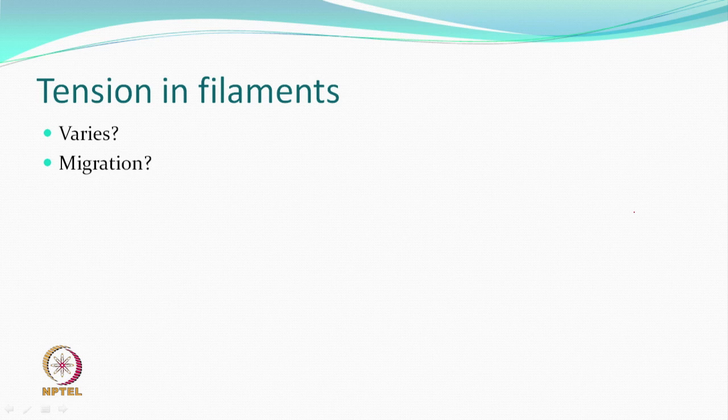So, tension in the filament will vary because at different points of time, different filaments would be consuming their part of the overfeed, and after consuming the overfeed they would become tense, and so they will migrate. The moment you migrate, entanglement starts happening.